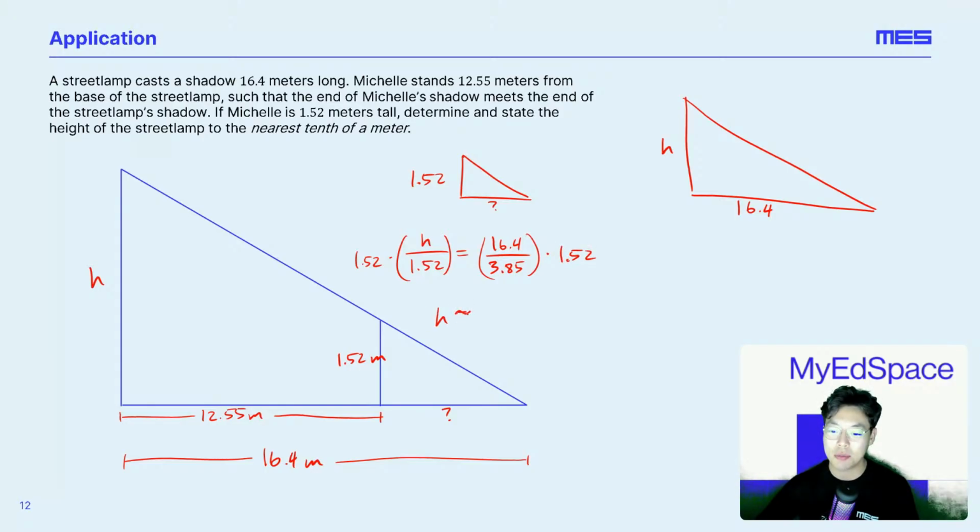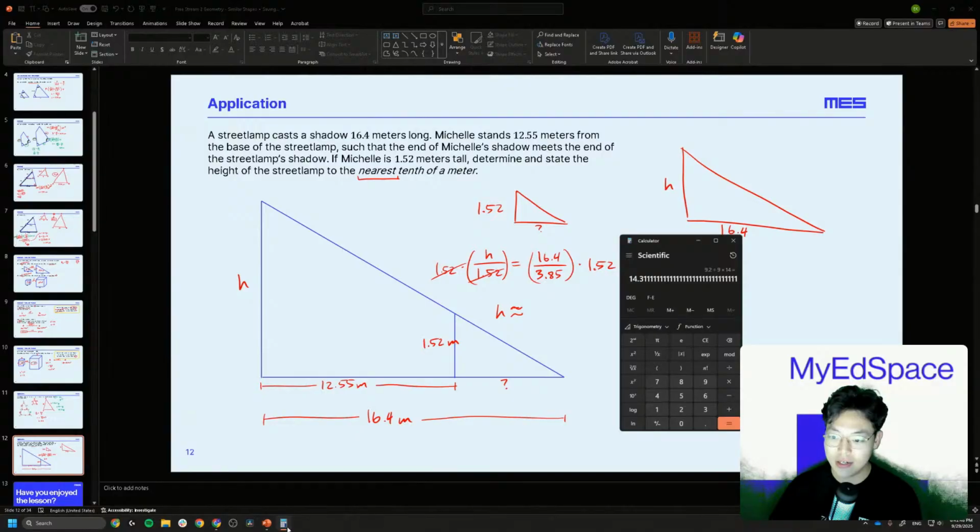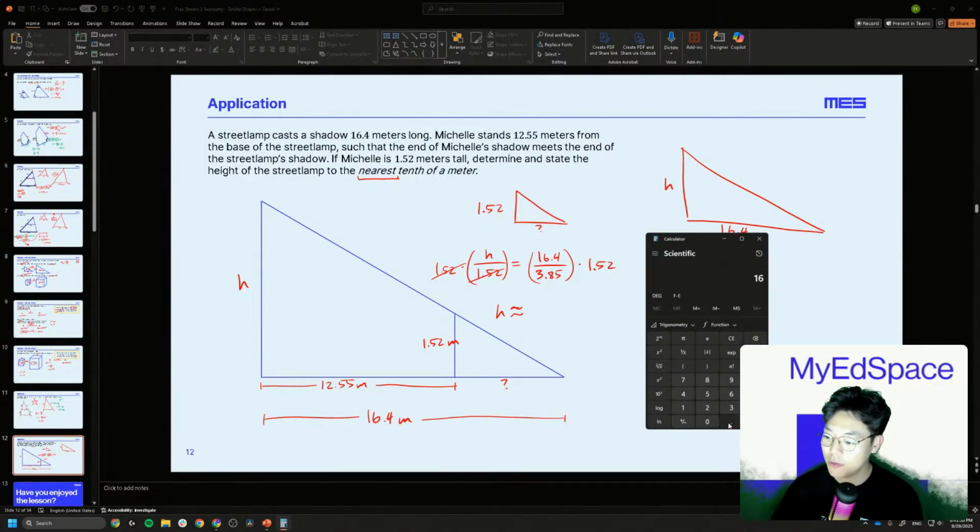And I'm going to put squigglies here because I feel like we're going to be estimating since we were told to find the nearest tenth of a meter. So I'll plug this into a calculator. We'll have 16.4 divided by 3.85. I'm going to get that first and multiply by 1.52.